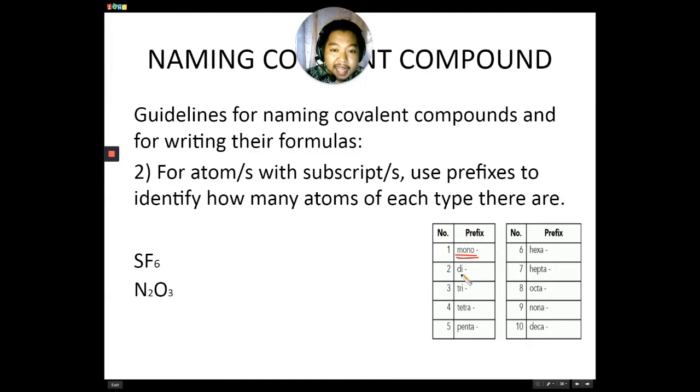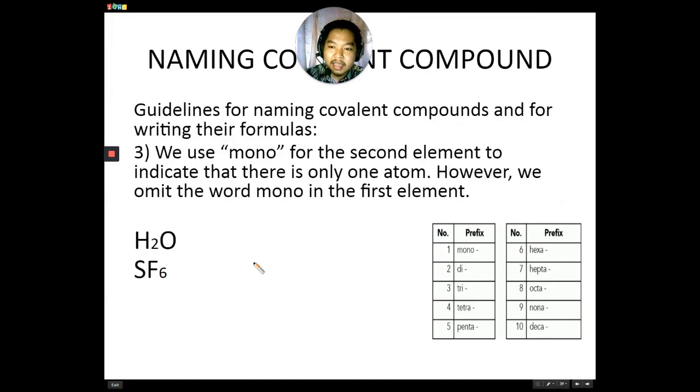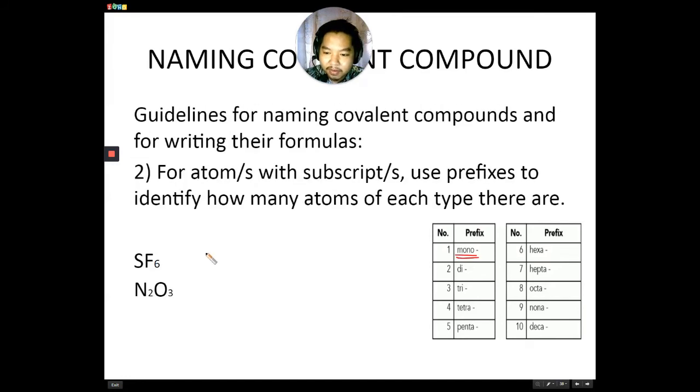So 2 is di. So this becomes dinitrogen, and my oxygen is 3. So tri. So it becomes dinitrogen trioxide. Alright, dinitrogen trioxide. Hopefully it makes sense, no? So wala pala dun sagot.